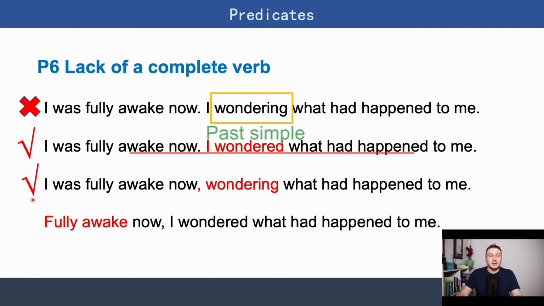The second solution would be to just make it a phrase, to remove the subject and use it as a phrase. I was fully awake now, comma, wondering what had happened to me. And the third solution would be to make I was fully awake now into a phrase. So, fully awake now, comma, I wondered what had happened to me.